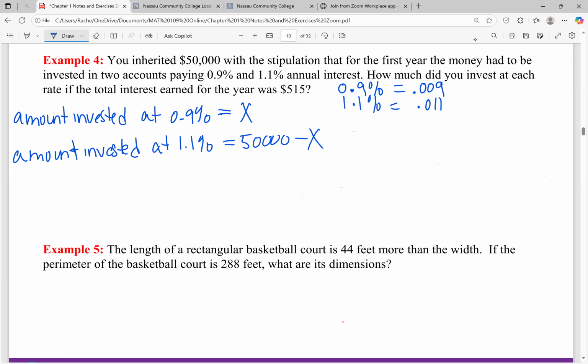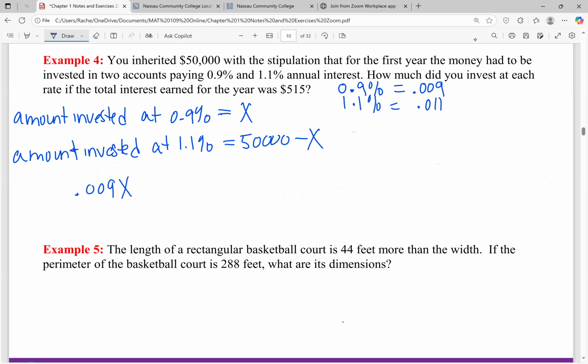You can't plug a percentage into an equation. You have to plug in its equivalent decimal form. So the interest that we're going to get in the first account at 0.9% is going to be 0.009 times X. We're getting 0.9% of our X dollars.